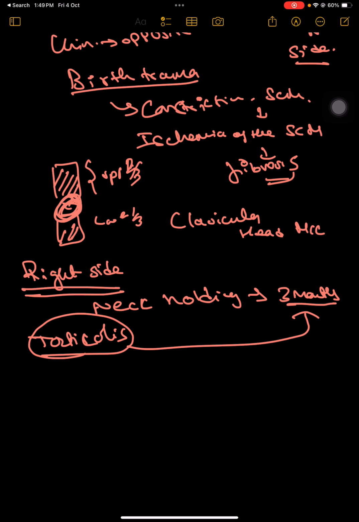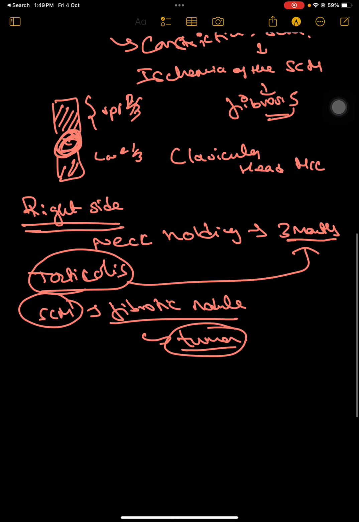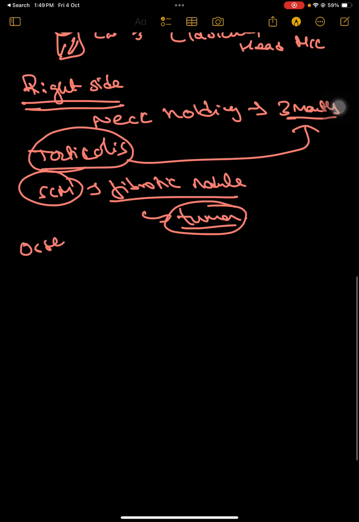Okay, so parents, by examining this SCM, look at the fibrotic nodule and they become very scared about whether this is a tumor or not. So they come to the orthopedics department, or they come to the pediatrician, and you should counsel the patient to go for conservative management.